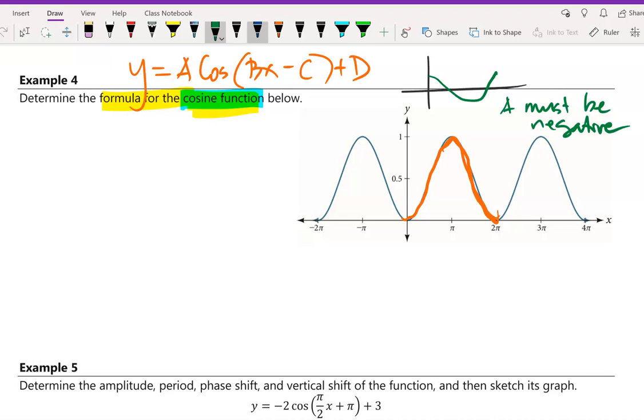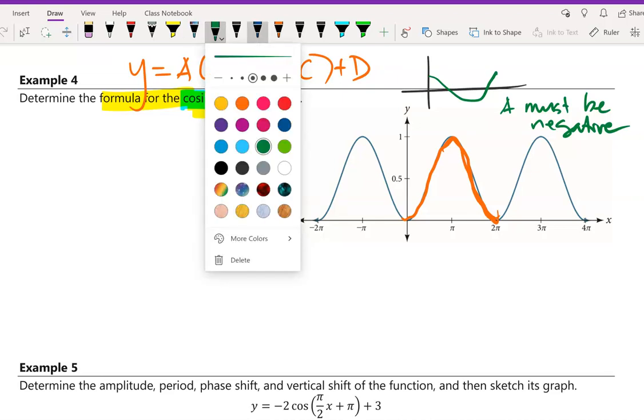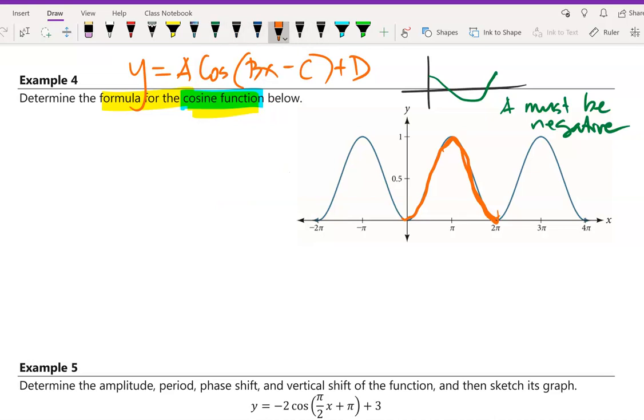So since we know that A is the amplitude, and this is cosine, we have here the midline at 0.5. So what's going to be the amplitude? That is from the midline to here or here.